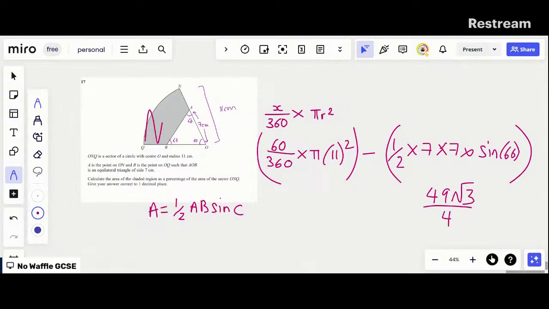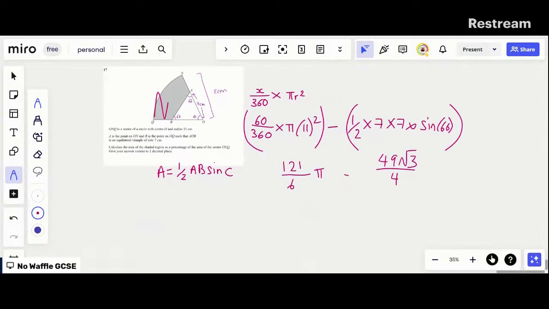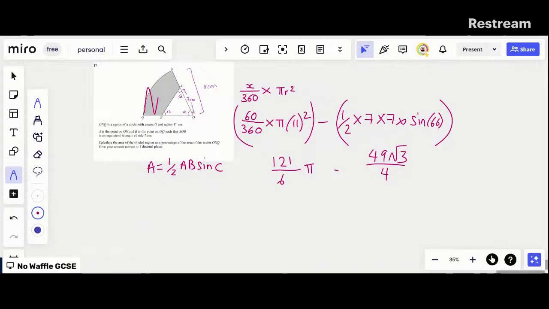The area of the entire sector itself is 121/6 pi. You then subtract those two values and you get 42.1 as your answer.